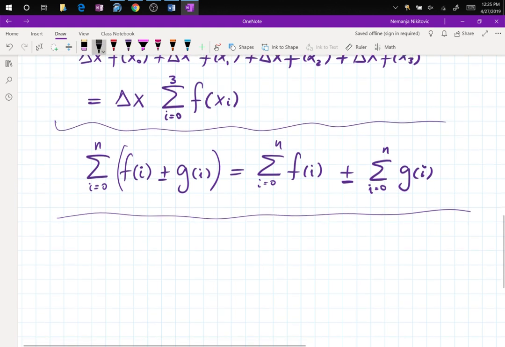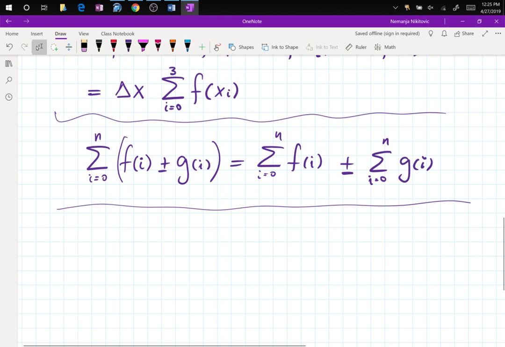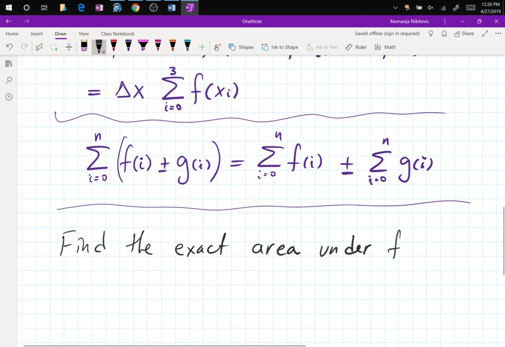So now that we know all of these things, we can find the exact area under f of x equals, let's say, 3x plus 4 on the interval 0 to 5.